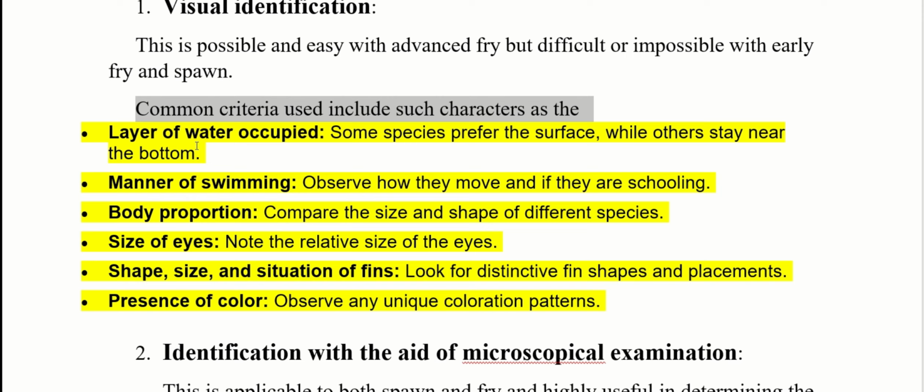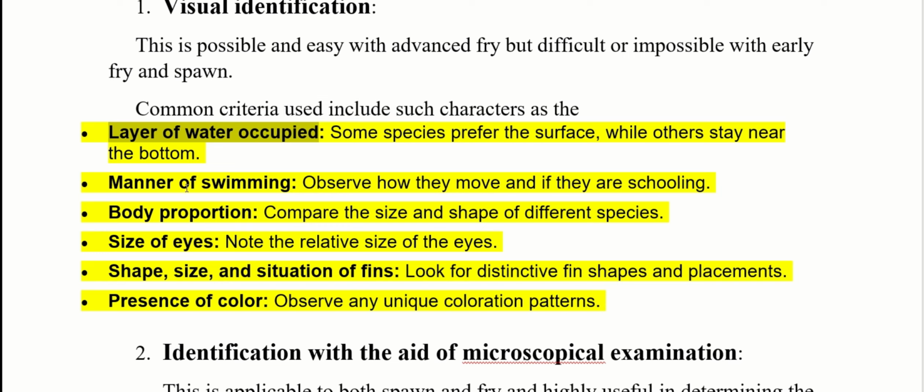First is the layer of water occupied. Some species prefer the surface while others stay near the bottom. In which part of the water column they are found is very important for identifying the fry and spawn.